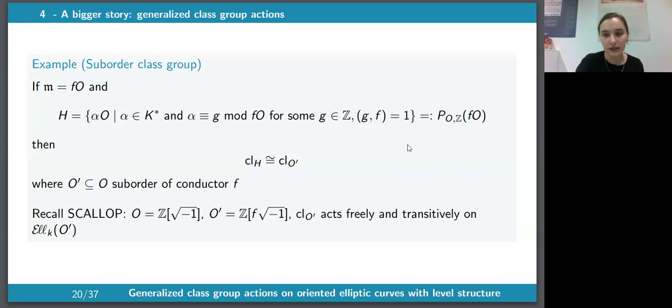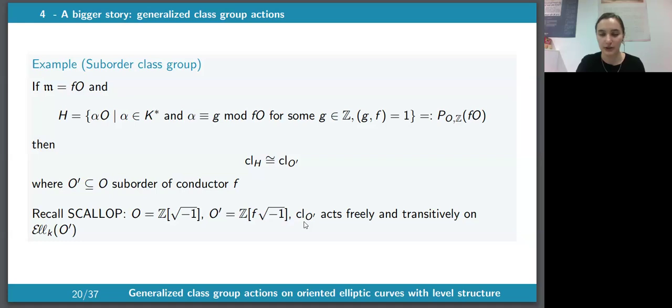It turns out, and it is a bit of a classical result, that the generalized class group that we end up with is isomorphic to the class group of O', where O' is a suborder of conductor f of our order O. And recall that this is the setting of SCALLOP, where we have O', a suborder of conductor f of Z adjoin the square root of -1.